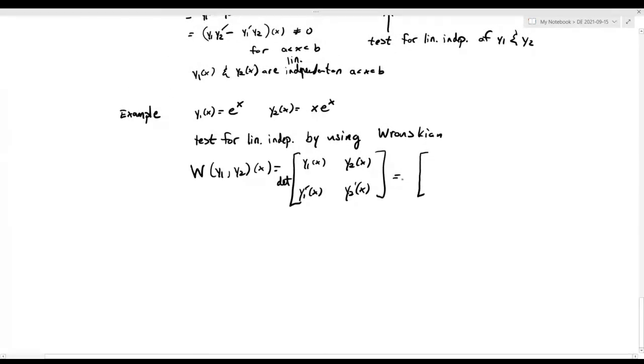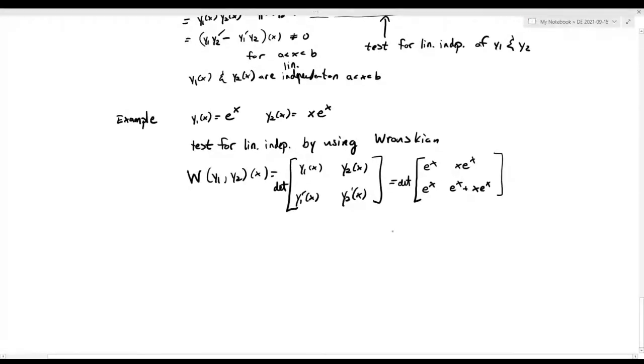So let's write down y1 and its derivative, and then y2 and its derivative. Compute the determinant.